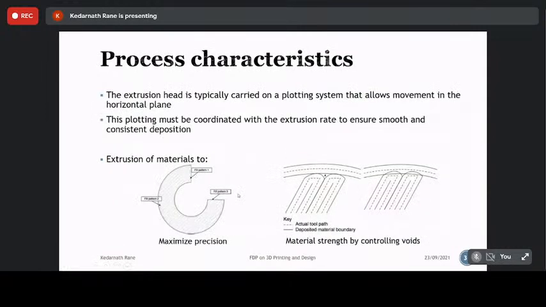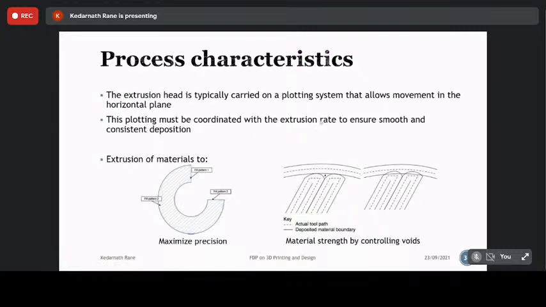Some other aspects of the process: a plotting system that allows movement in the horizontal plane. This is possible for Cartesian and some delta printers. We can see there are 5-axis systems as well. But the most common is the Cartesian system, where it is very important that it allows movement in the horizontal plane.